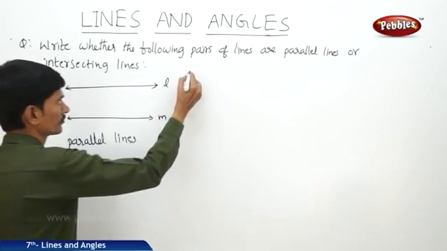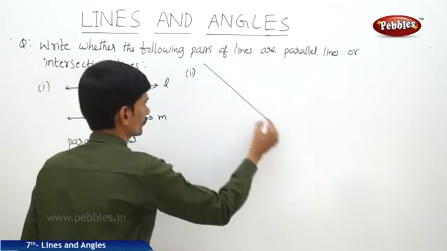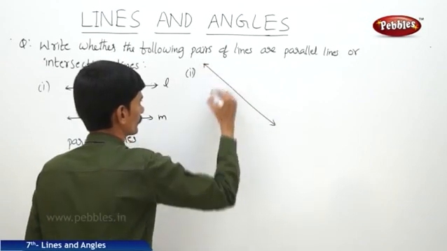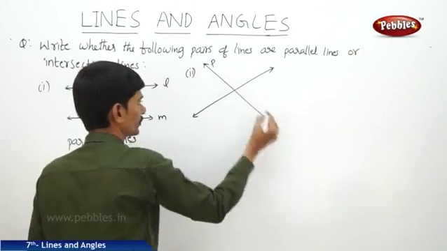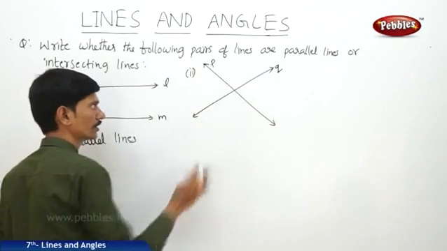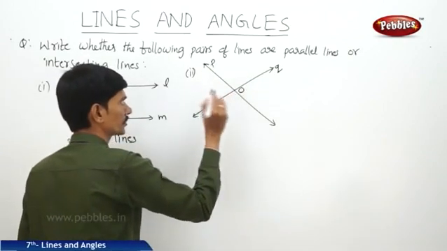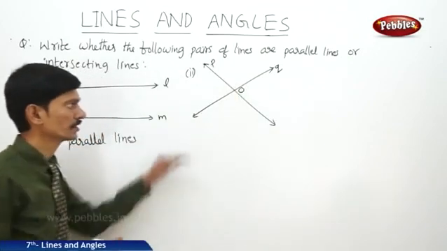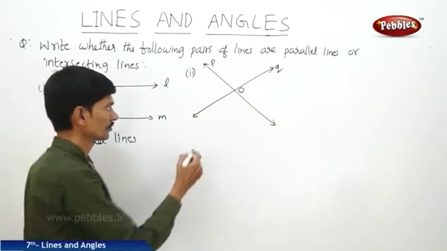In the second figure, the two lines P and Q have a common endpoint O. So these two lines are intersecting lines, because they intersect at the point O.